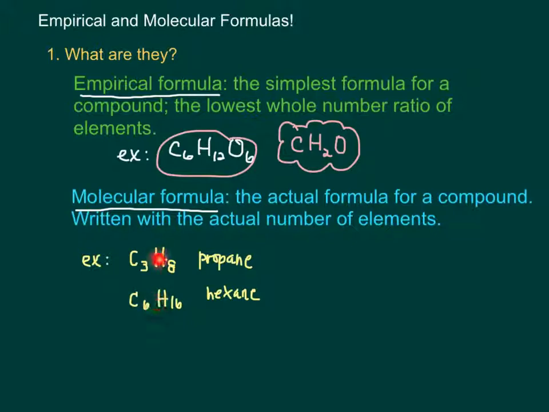These are the molecular formulas for these two compounds, but they share an empirical formula of C3H8. So both of them have the same lowest whole number ratio, so they both have the same empirical formula.